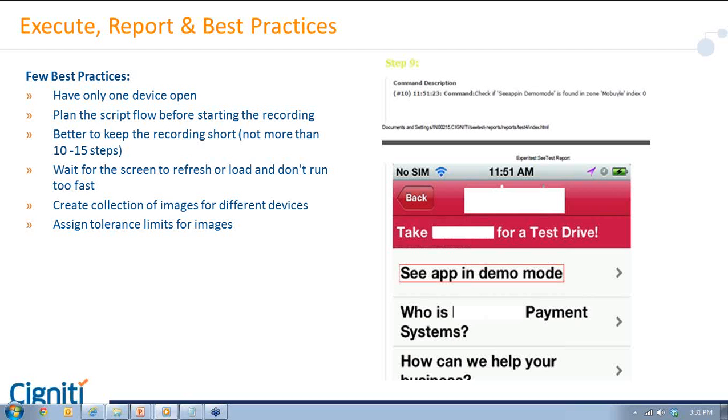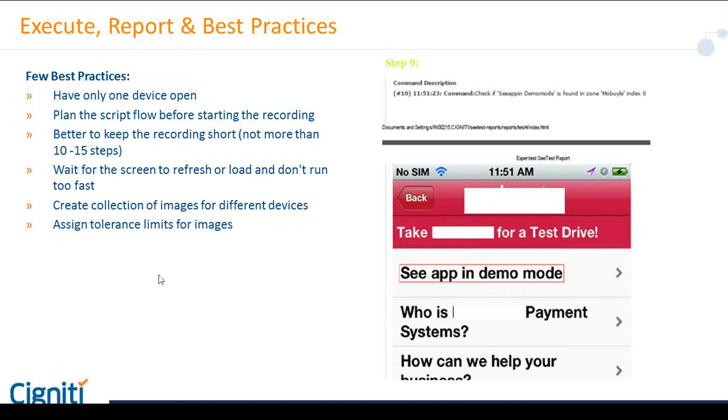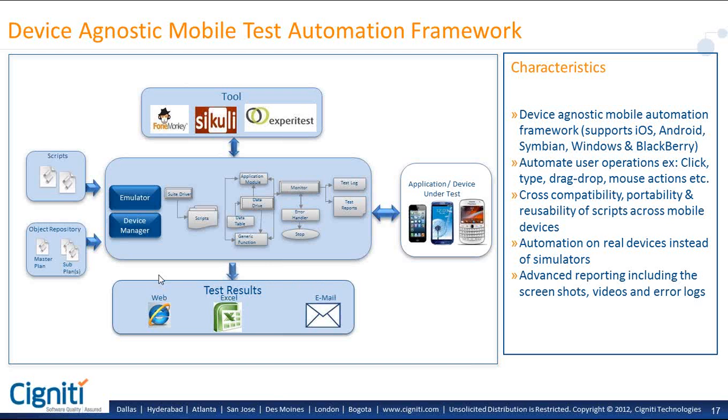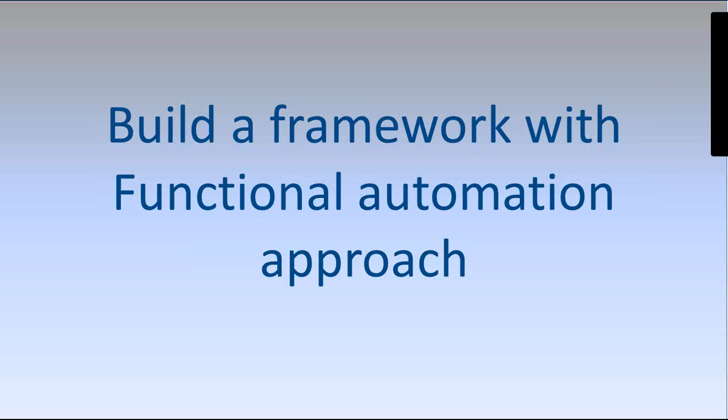So you have to build a framework around it, saying I've recorded it on one device, and now I want to execute it on any of the devices which I choose.